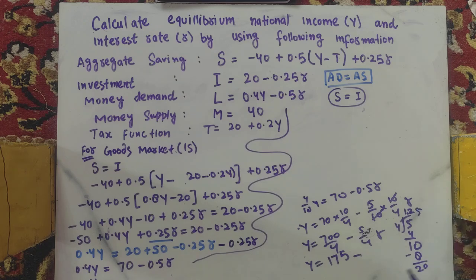So when we solve this equation, we get y is equal to 175 minus 1.25 r. This is our IS equation.